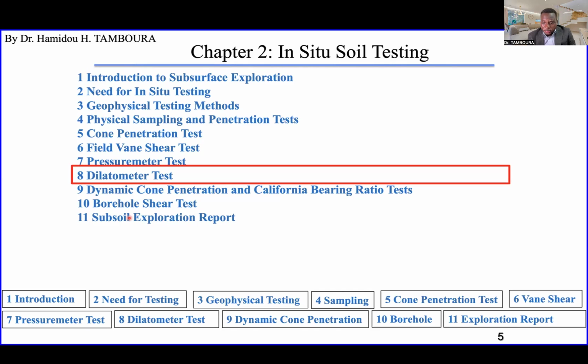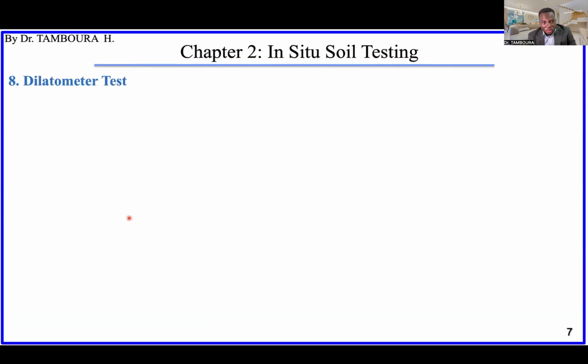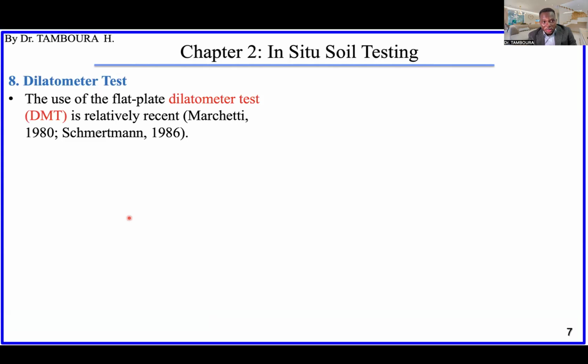So let's go. What is the test about? Dilatometer test. If you see this DMT, it means dilatometer test.